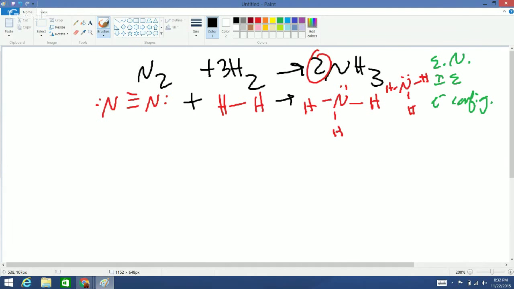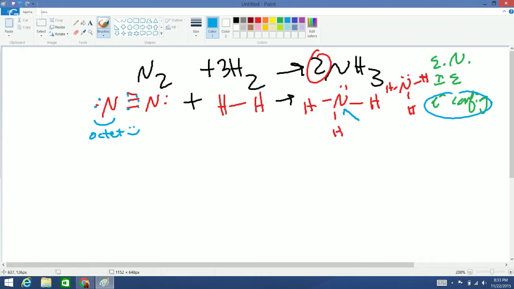All right, so we'll start at the bottom actually. If you take a look at electron configuration, so here is nitrogen, and you really want to take one atom at a time. Is nitrogen octet happy? He totally is. He has a full electron configuration. He's just like a noble gas. Things are looking good. I know this because he has 1, 2, 3, 4, 5, 6, 7, 8 electrons around him.